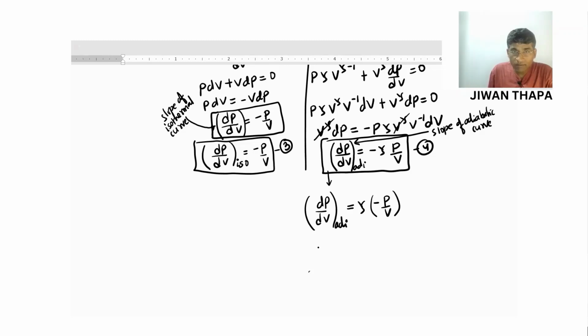So we can write dP by dV for adiabatic curve or process equals gamma times, and this ratio inside the bracket is the slope of isothermal curve.